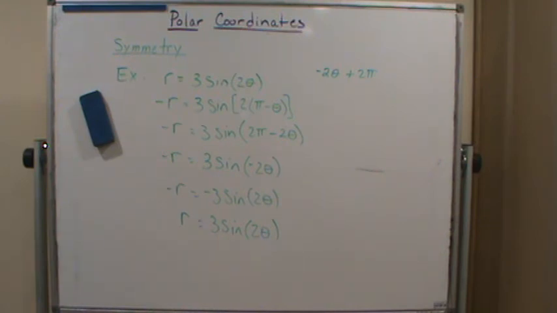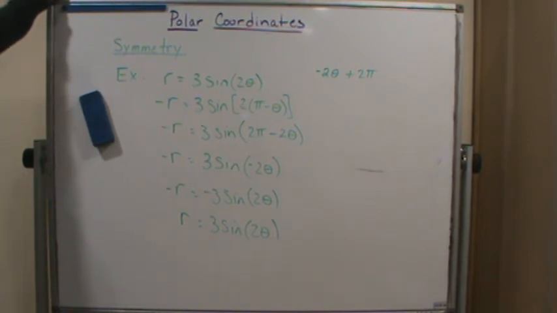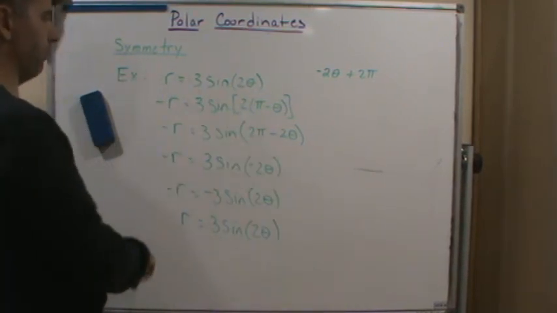In the first attempt, we got negative 3 times that, right?